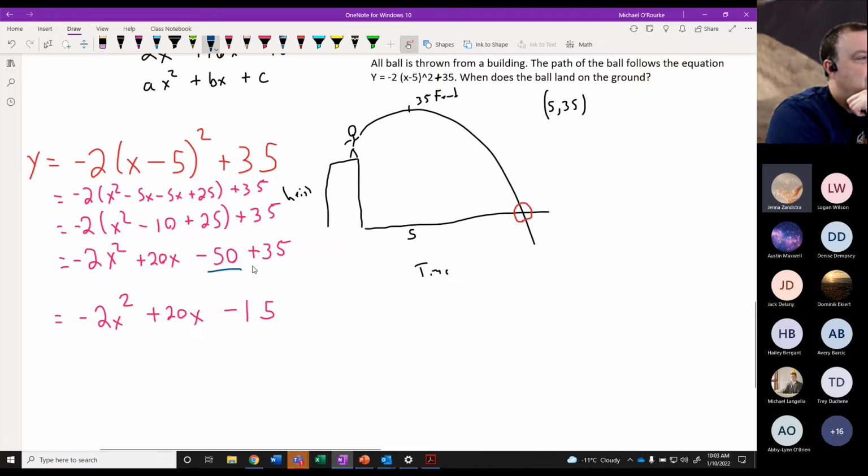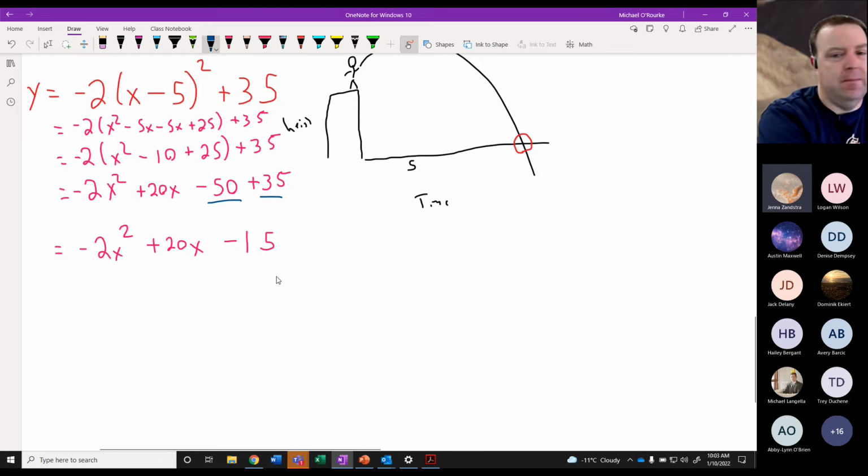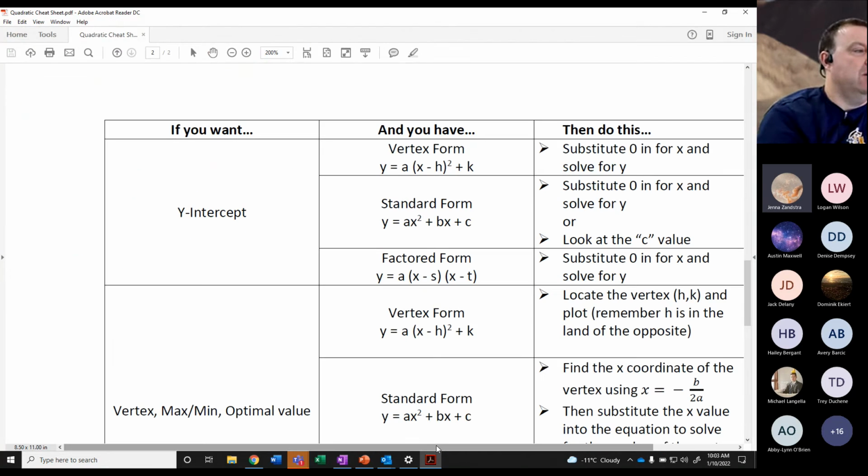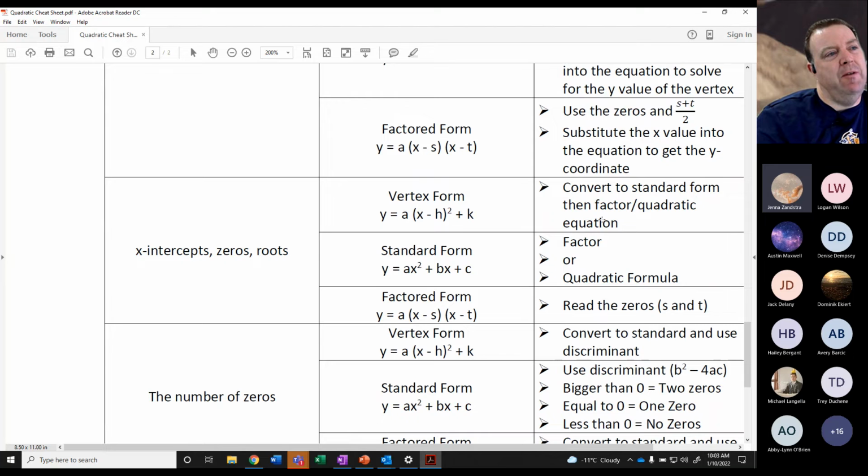So you're looking right here. Now the second step here, okay, no problem. The second step here, when we're looking for the zeros, if we go back to our cheat sheet, we're looking for our x-intercepts, is we factor, or use a quadratic equation.